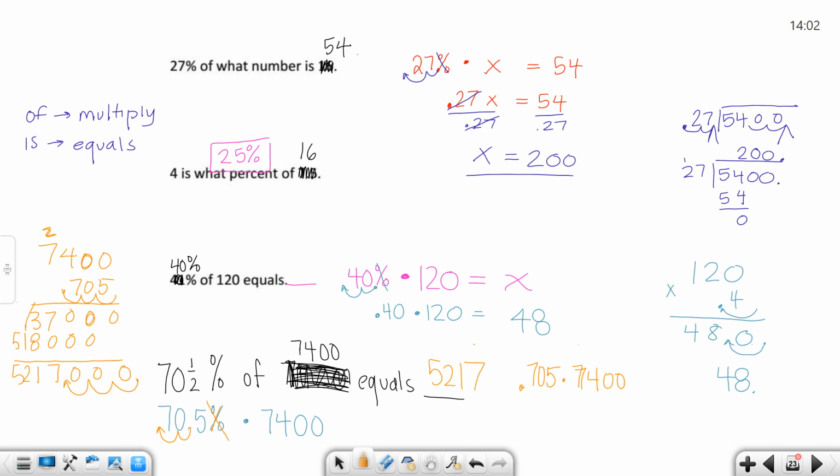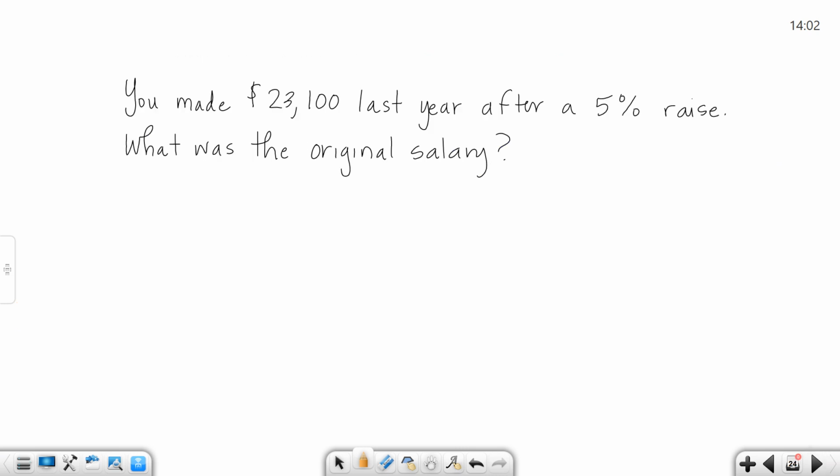Now my little marker is playing a trick on me. So I'm going to double check it. And that looks right. You might have something like that in your MyMathLab, but I know you're not going to have any of those in your quiz because those numbers are just too large for the quiz.